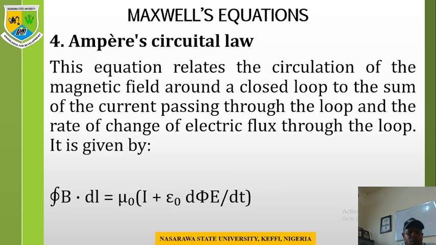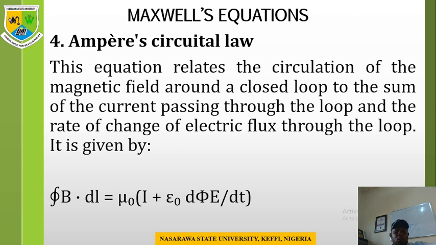Ampere's circuital law. This equation relates the circulation of the magnetic field around a closed loop to the sum of the current passing through the loop and the rate of change of electric flux through the loop.